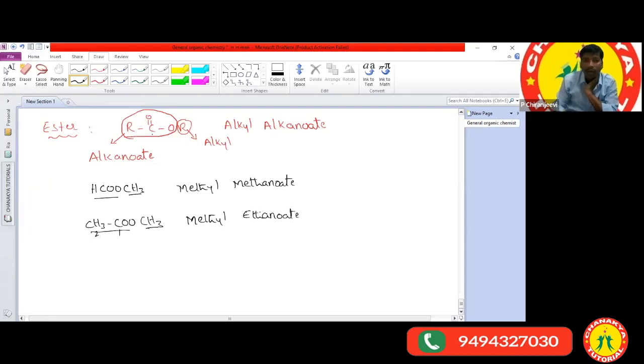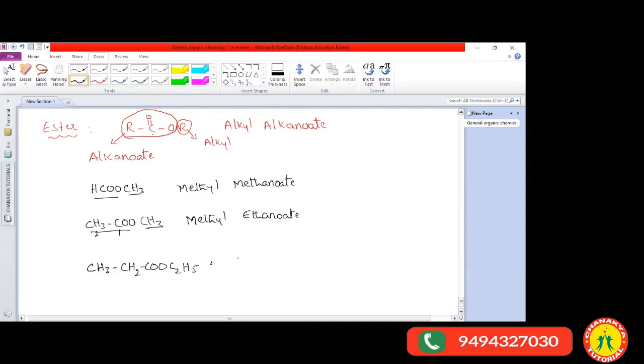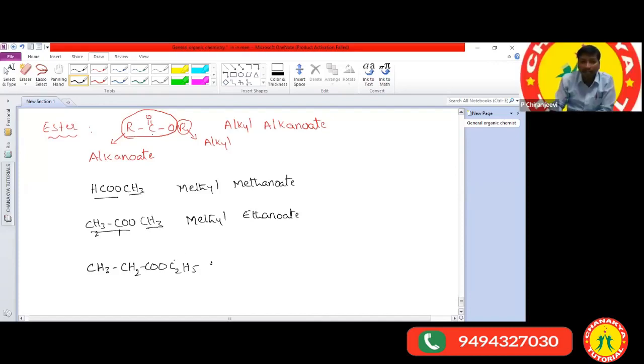If I write CH3 bond CH2 bond COO C2H5, Sriveda, what is the name of the given compound? Methyl propanoate? Methyl or ethyl?